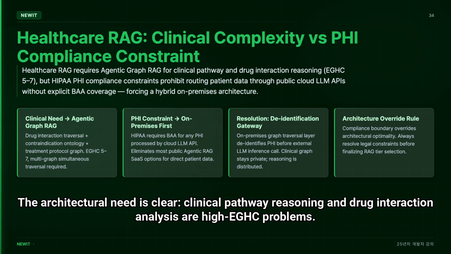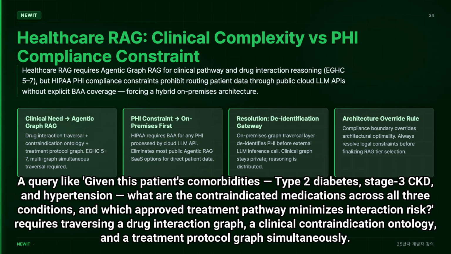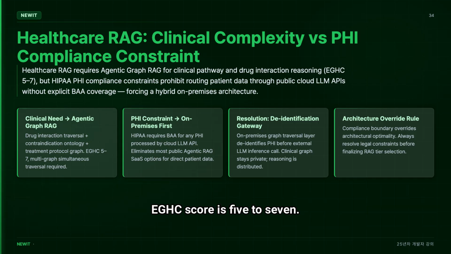Clinical pathway reasoning and drug interaction analysis are high EGHC problems. A query like, given this patient's comorbidities, type 2 diabetes, stage 3 CKD, and hypertension, what are the contraindicated medications across all 3 conditions, and which approved treatment pathway minimizes interaction risk? Requires traversing a drug interaction graph, a clinical contraindication ontology, and a treatment protocol graph simultaneously. EGHC score is 5 to 7. Agentic RAG is architecturally correct.